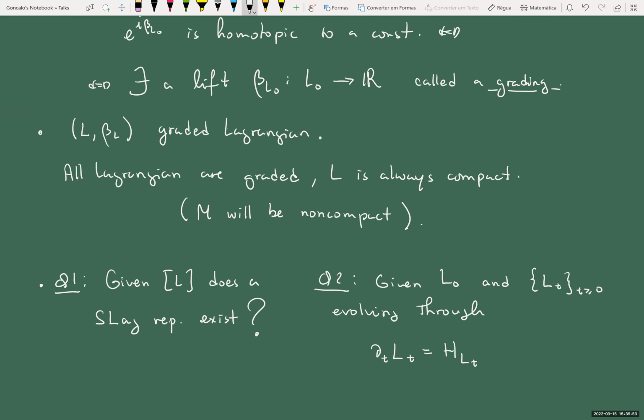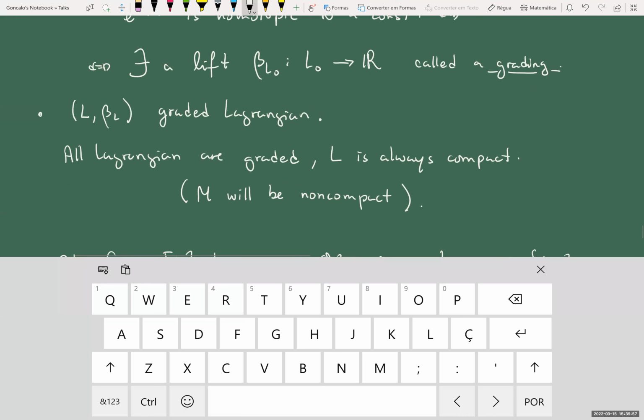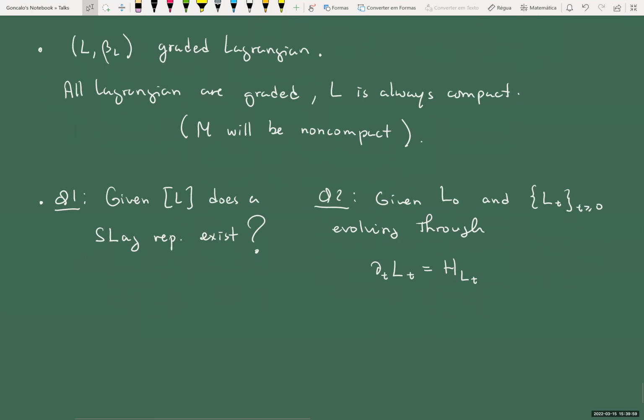That's the analog of what the curvature was in the case of curves. So this is called the Lagrangian mean curvature flow. And the question is, does this family exist for all time and converge to a special Lagrangian?